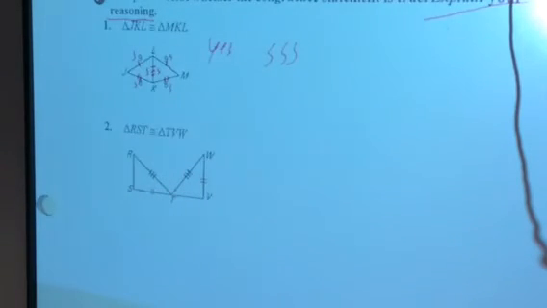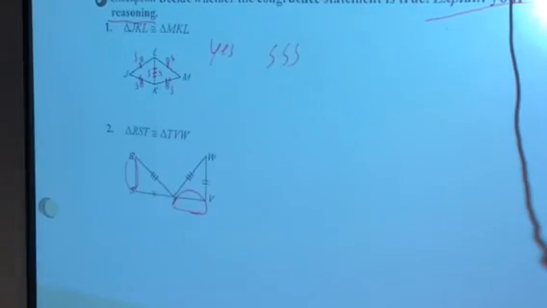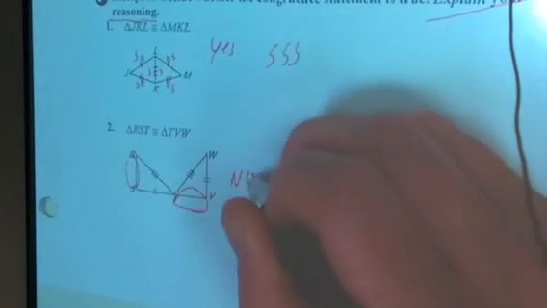Is there anything that we have learned so far that would mean RS and TV are congruent and you have to put your own marks on there? There's not, right? There's nothing telling me these two sides are congruent. Right now I have no idea if they're congruent or not, right? So I have to say no.